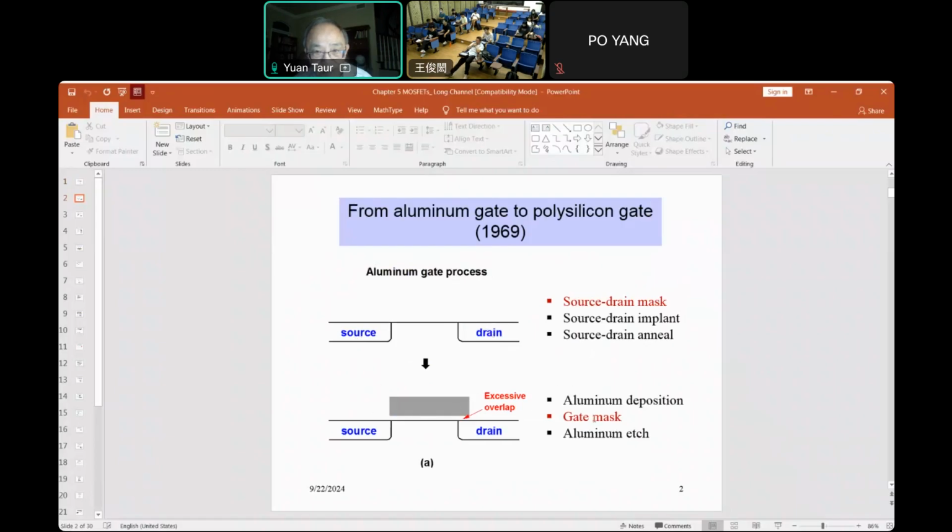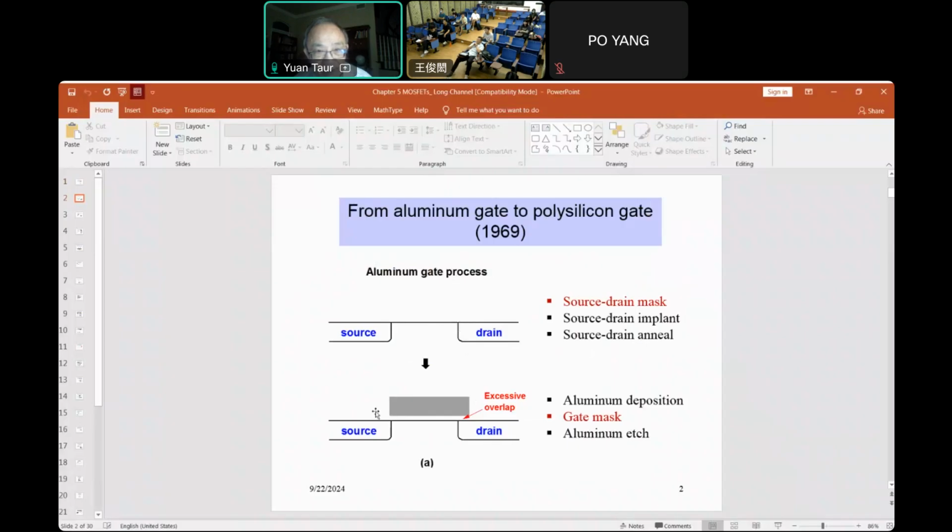So the second mask is the gate mask, and this mask cannot be perfectly aligned to the source drain mask, so there will be excessive overlap because you cannot underlap. If on any side the gate is not overlapping the source and drain, then that region cannot be inverted.